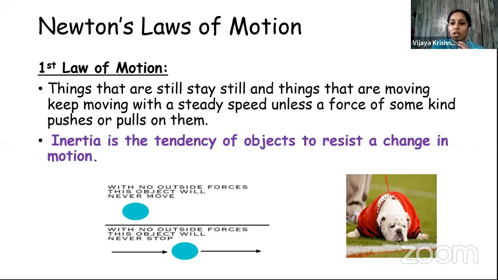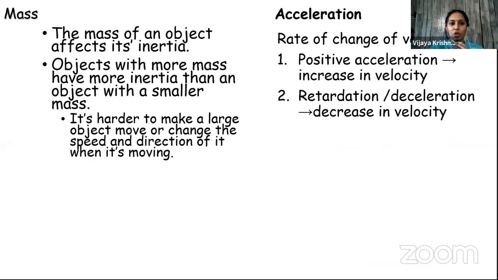Now the property that ensures that the body stays in continuous motion or in still position is known as inertia. It is the tendency of objects to resist a change in motion. So no object moves unless acted upon by an external force. Now we come to the second law of motion.